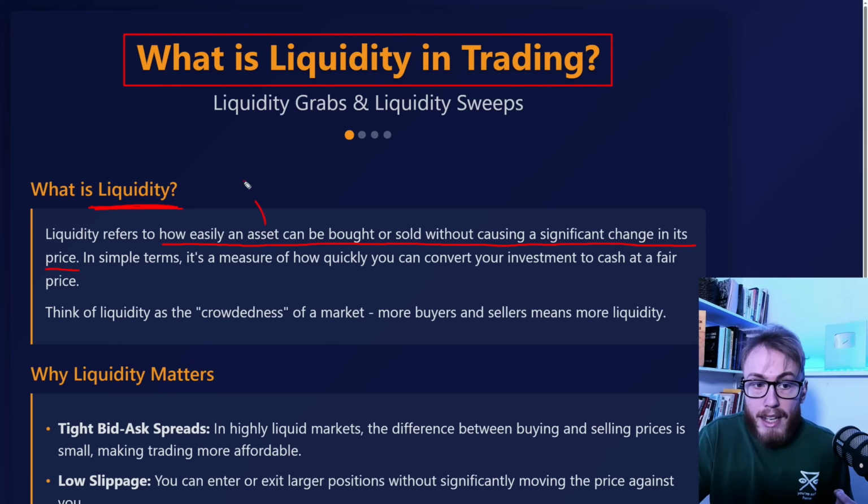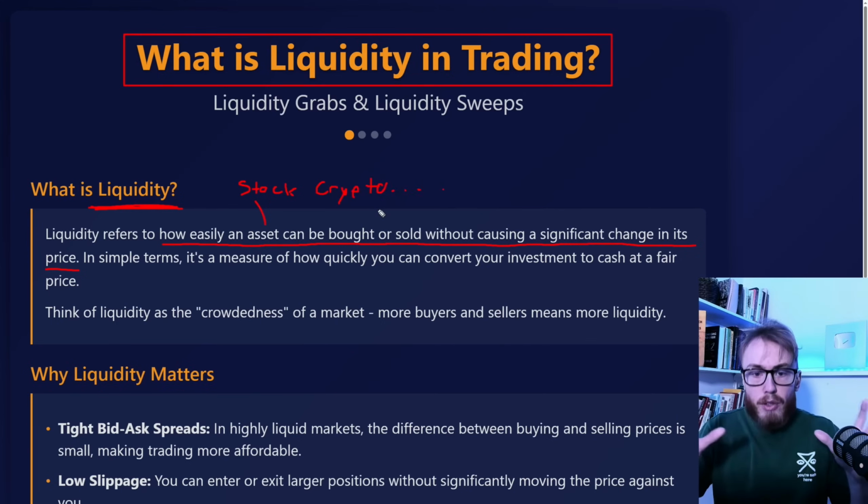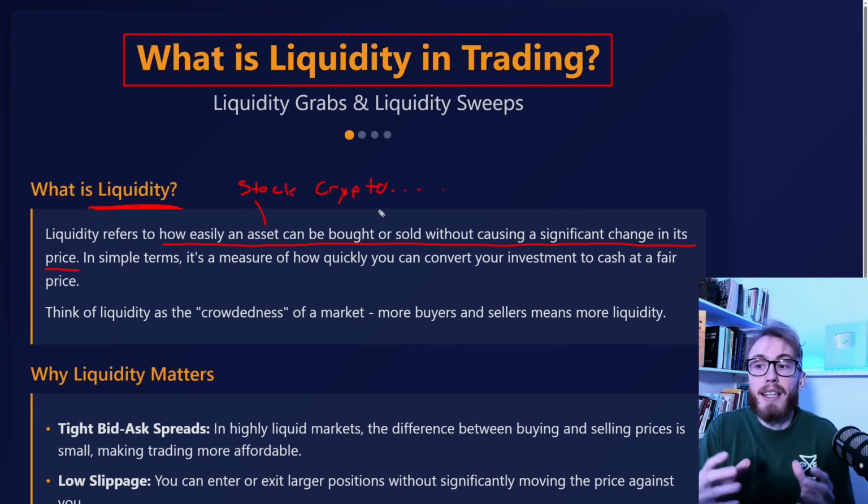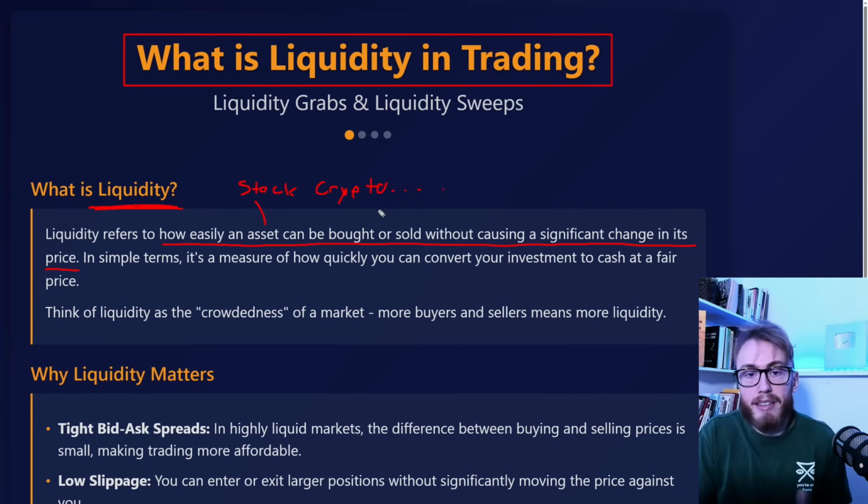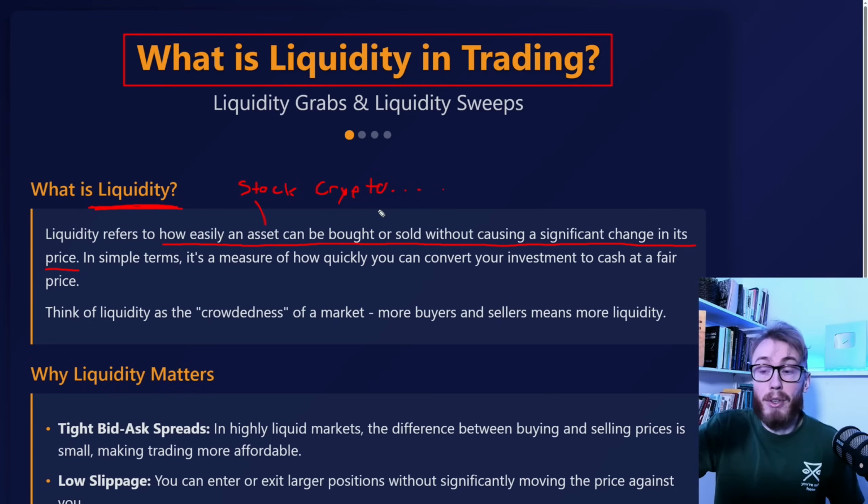And when I talk about assets, this can be anything from stocks, cryptocurrencies, forex pairs, and so on. Something that is high liquidity is something that you can sell right away. It's easy to sell and you won't really affect the market. Think of things like Bitcoin or a large stock or a common forex pair.